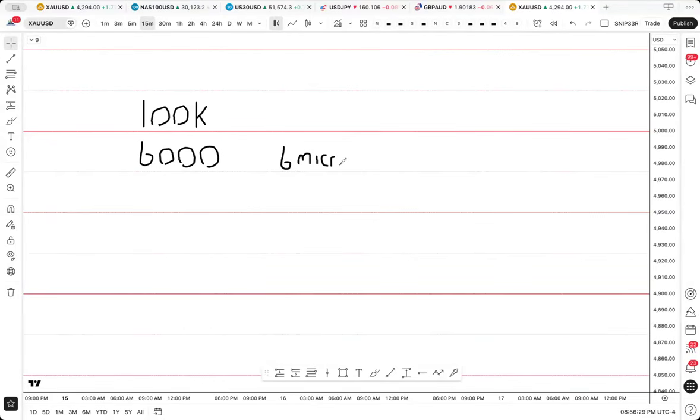Now, you can do that if you're really confident of where you're getting in. There will be times where I put the whole max position in one spot because maybe it's a pin hammer right at 50 or a pin hammer right off of the double zeros, whether that's to the up or downside, or maybe an engulfment, an M, a head and shoulders.